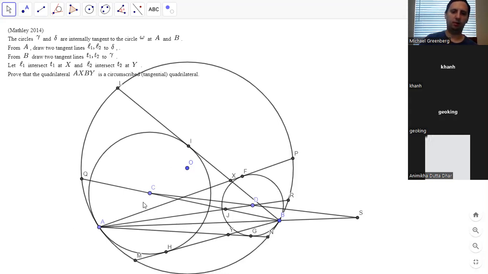Yeah, because we know AF is equal to AG. So maybe we could find something about AX and AY from that. Then we know BH equals BI. So that gives us something about BY and BX. Not sure where to go from there.